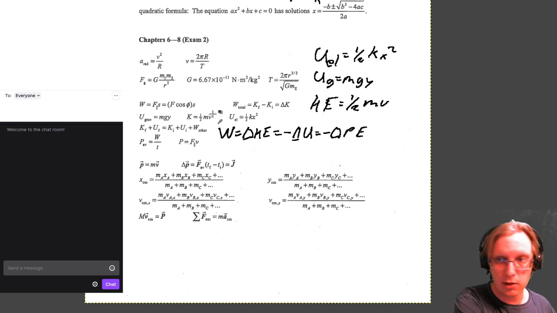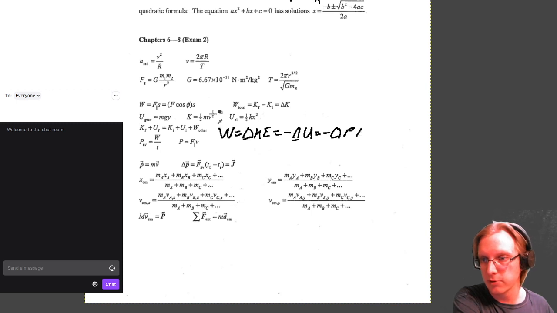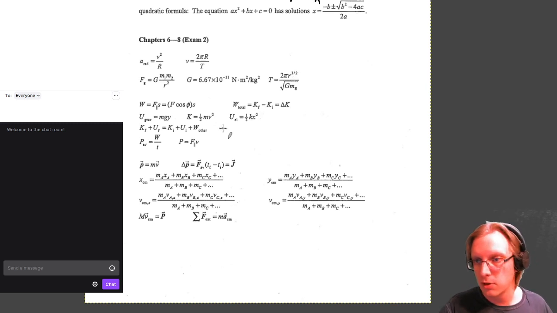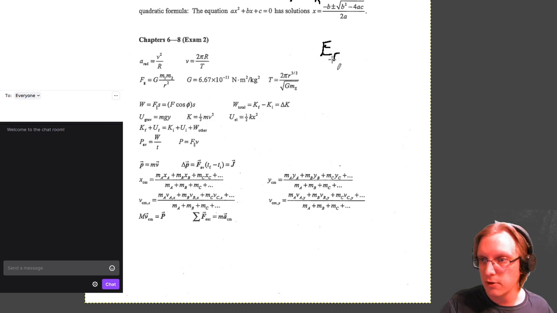When the book does it, they usually do their energy conservation as energy final is equal to energy initial plus their work other, which they will provide if there's some other work like that.